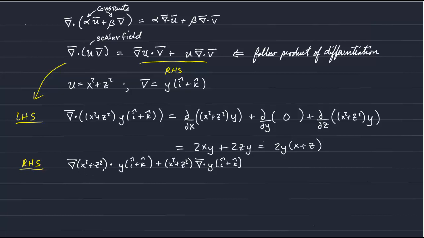Okay, so let's evaluate this first term. The gradient of a scalar field is again the partial derivative of the field with respect to x in the i hat direction, and that gives a 2x in the i hat direction, plus the partial derivative with respect to y in the j hat direction, and that term is 0, plus the partial with respect to z in the k hat direction, and that's 2z.